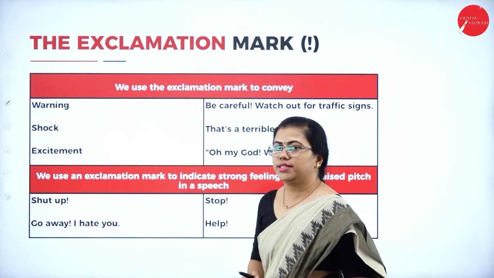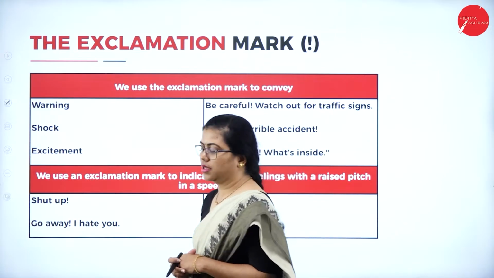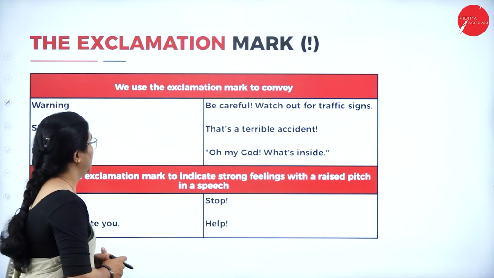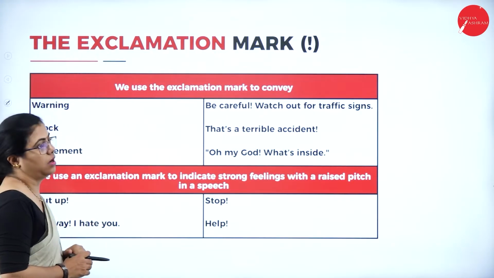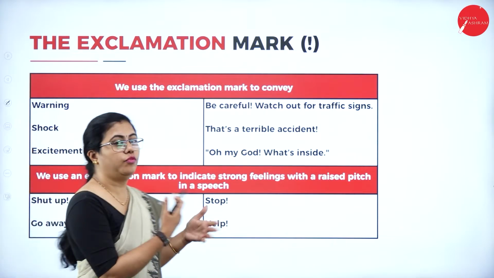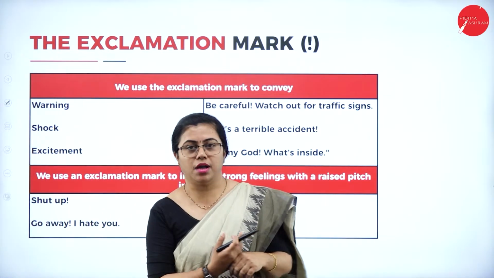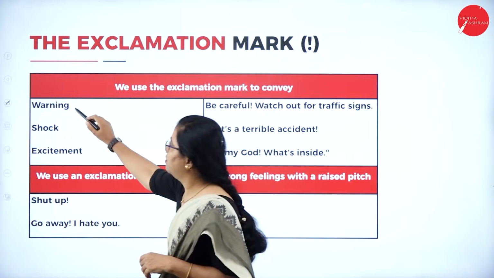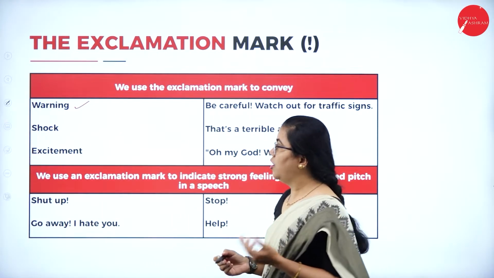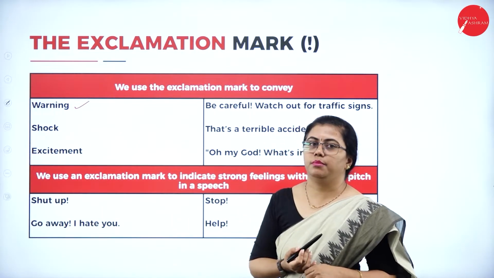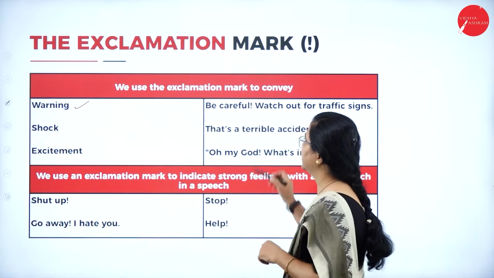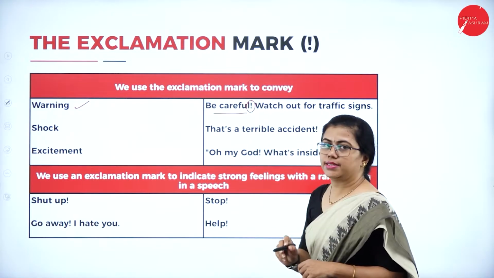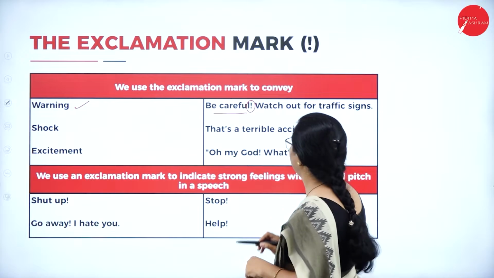Next comes the exclamation mark. Here you can see where we use this exclamation mark. What do we convey with it? We convey some warning, or maybe a shock or an excitement. When it comes to a warning, it's like, be careful. Watch out for the traffic signs!